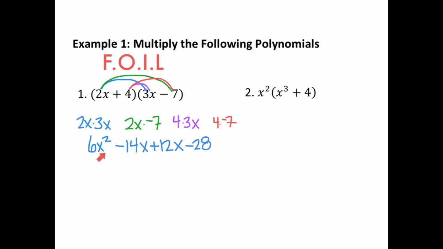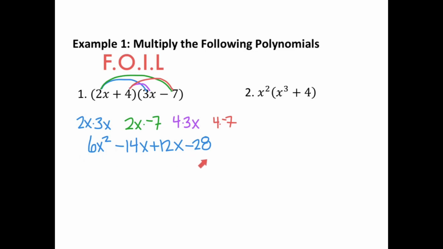This polynomial expression here comes from the result of each of these multiplications. 2x times 3x, remember we're adding those exponents together, so 6x squared. 2x times negative 7 is negative 14x, 4 times 3x is positive 12x, 4 times negative 7 is negative 28. So please pay attention to how I handle those positives and negatives, and they became my addition and subtractions.